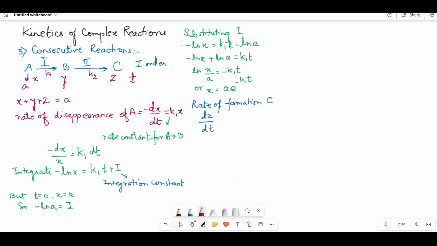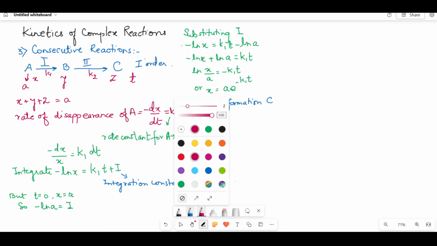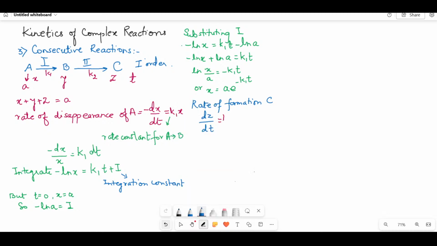So for C, that is dZ by dt, we will have K2 Y, since it is being formed from Y.